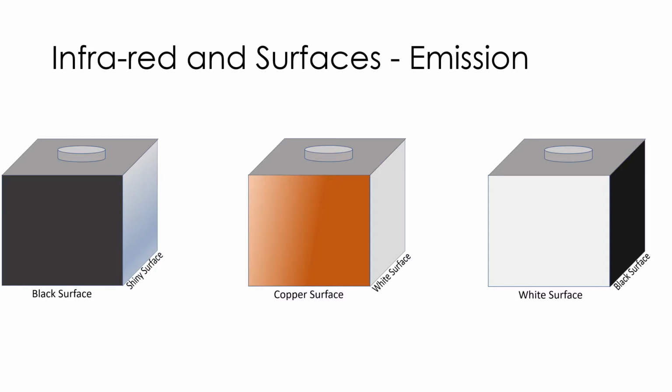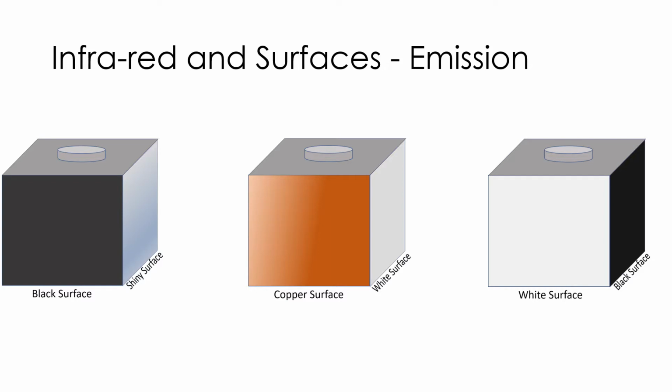However, when we look at emission, consider the same question. If you had this cube filled with hot water, which would emit infrared light the most? Now, most people think it's probably the opposite way around.